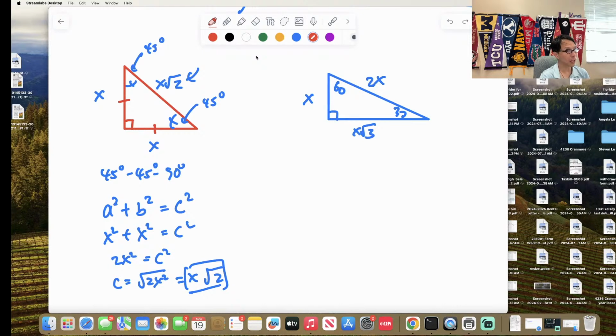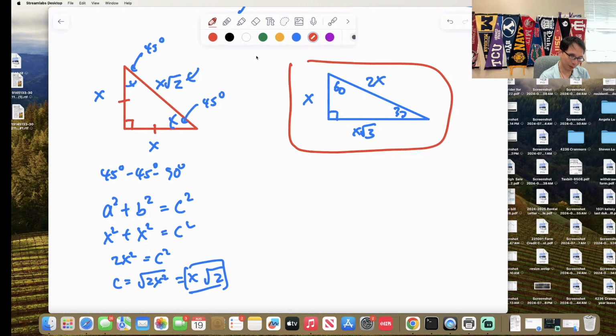For this one, you can just memorize it. So again, x is always facing the smallest angle. 2x is always facing the 90 degrees because 90 degrees is the biggest one. And then in the middle is going to be x root 3.